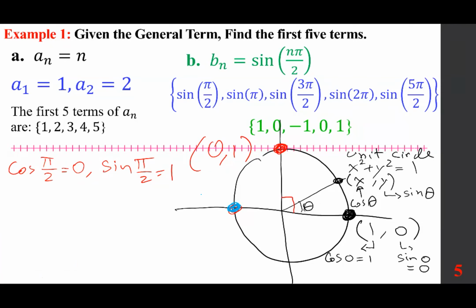This point has coordinates negative 1, 0. And this is 180 degrees or pi. Cosine of pi is negative 1. Sine of pi is 0.